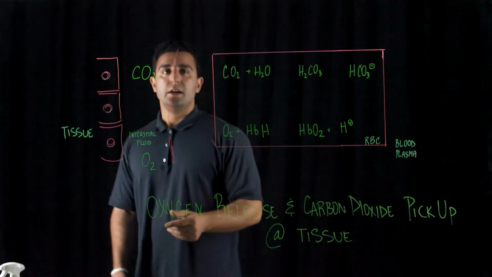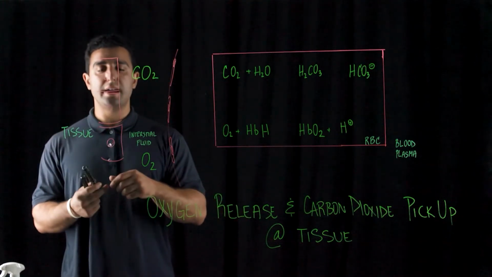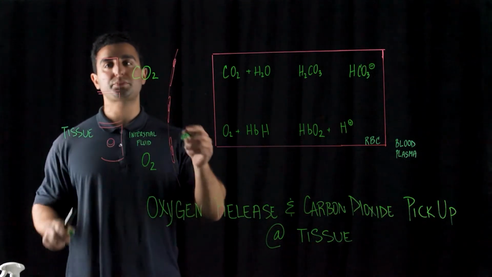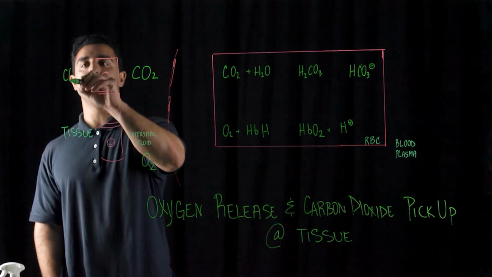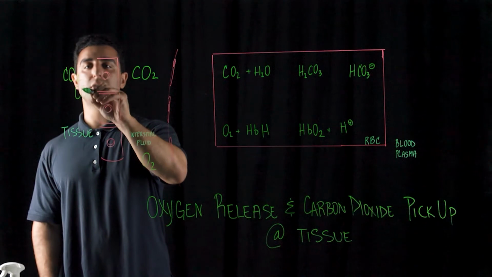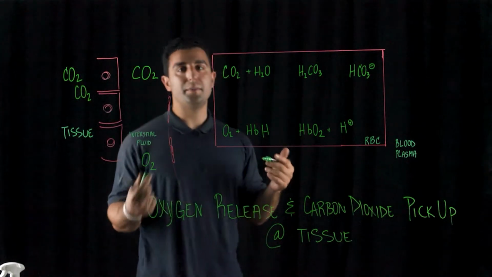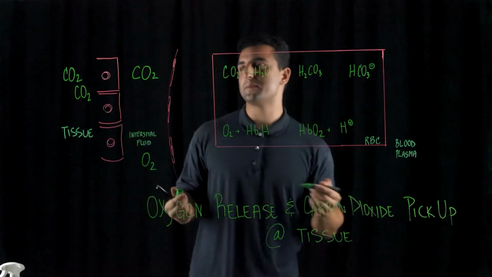All right. So when we look first at the direction, there's a high concentration of carbon dioxide normally present in the tissues. There's a lot of CO2 naturally building up as a metabolic byproduct of cellular respiration.